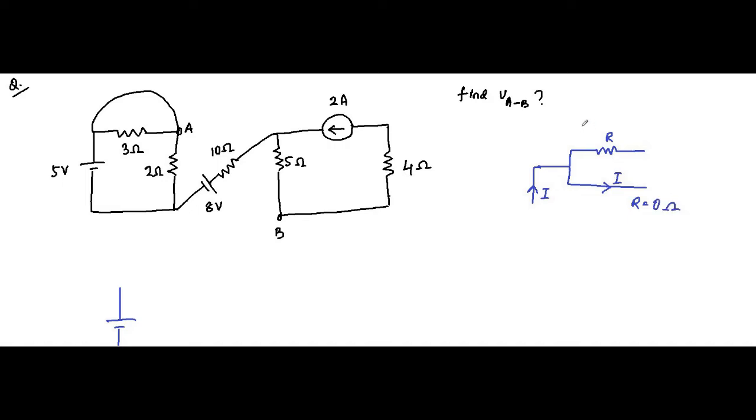So this whole resistance R becomes redundant, it is of no use. It gets eliminated from the circuit.